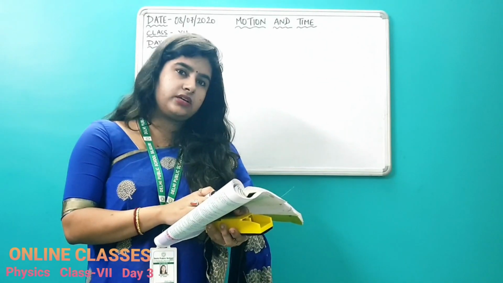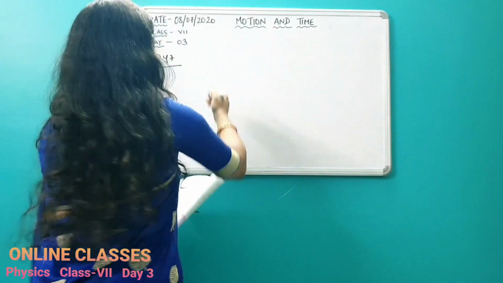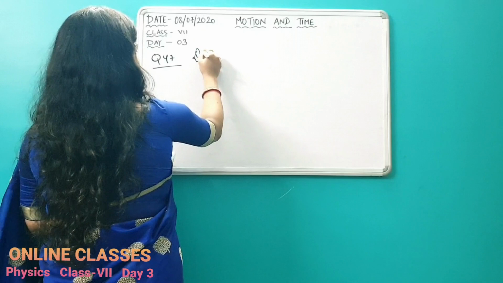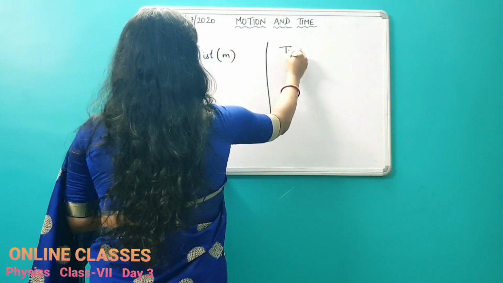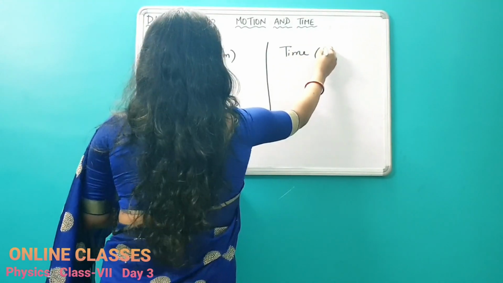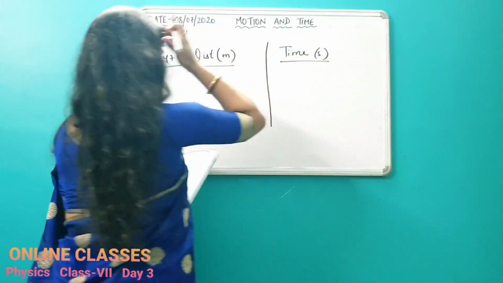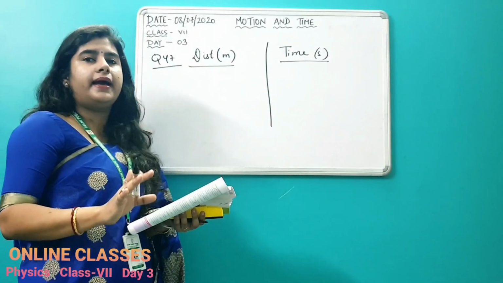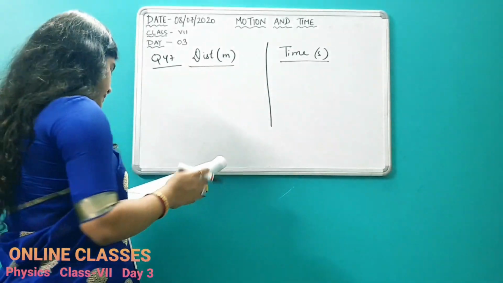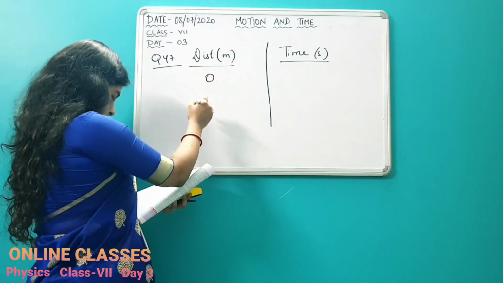Distance is given in meter and time is given in second. I am going to represent it in the form of a table, one side distance, another side time. In tabular form, I am going to represent this question. Distance 0.